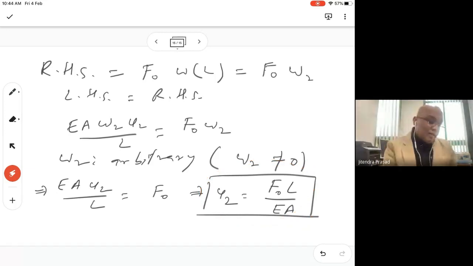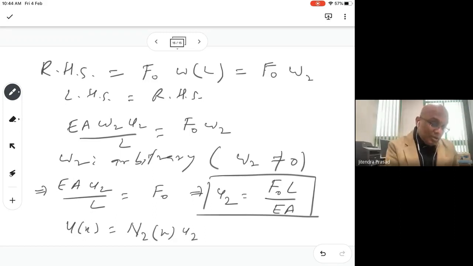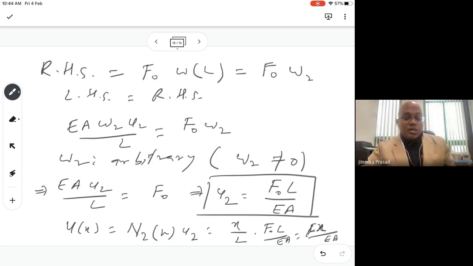Then you have u(x) equal to N2(x) u2, and hence x over L multiplied by F naught L over EA is equal to F naught x over EA. So you found the solution this way. You got it?